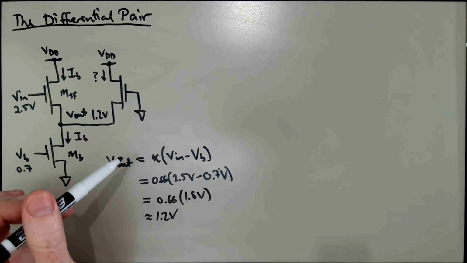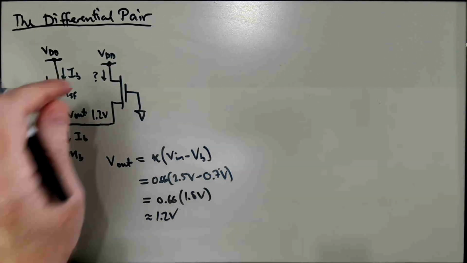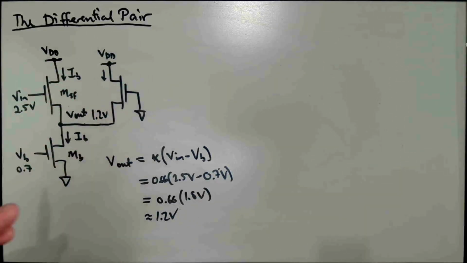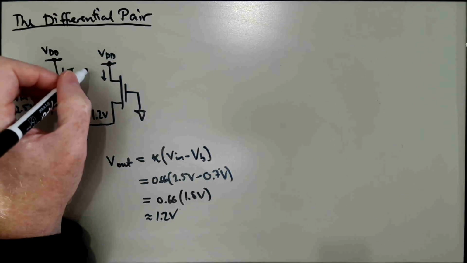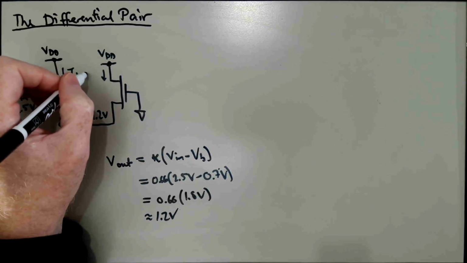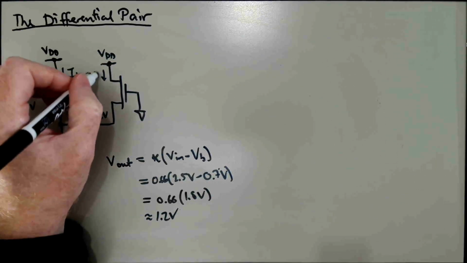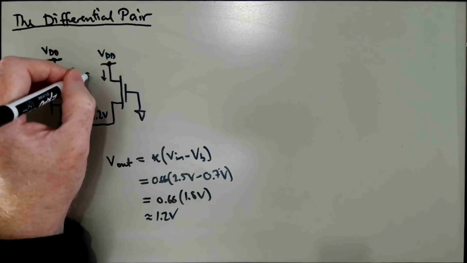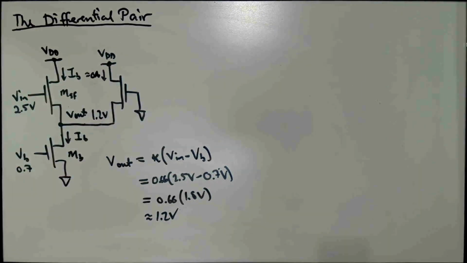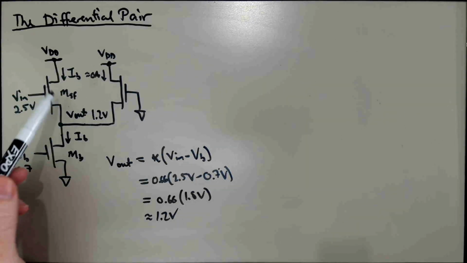The answer is practically none, right? So there might be a few femtoamps of current or something like that, but it's really small. So for all intents and purposes, this is about zero, much less than, let's say, the microamp bias current level that we have. So we really haven't changed the situation.